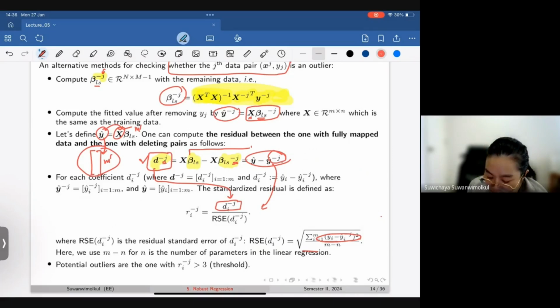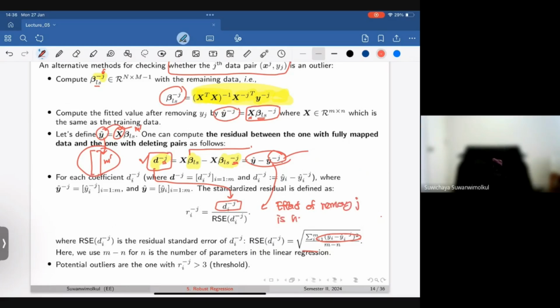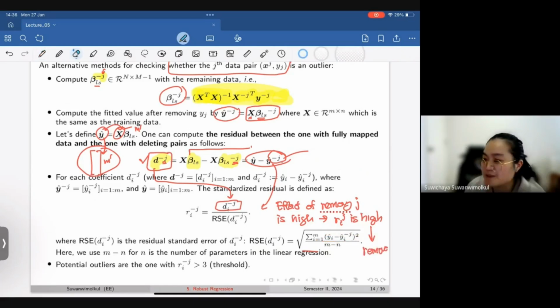And therefore, if the effect of removing j is high, then that residual should be high, and therefore they should be removed. I'm sorry about this formulation. I was thinking of something else.